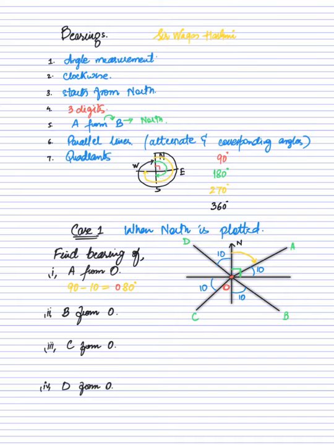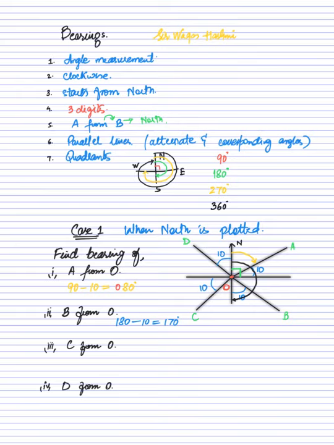If I highlight the angle here with the black pen, from north to south, this angle is 180. But I don't need the whole angle, so firstly it is 180, but I don't need that 10 angle, so I will subtract 10, and that will be 170. Since the value is already in 3 digits, no need to enter 0 at the beginning. That will be your answer, 170 degrees.